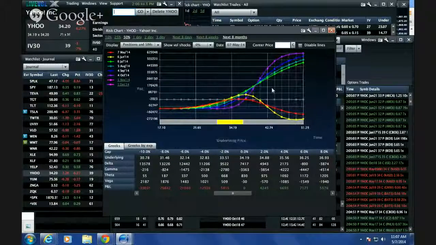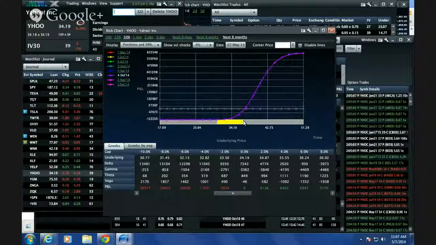If you look at it, what this person is thinking, it's a bullish bet for the long term. So if you look at this purple line, it's October. By the time October rolls around, he basically has a call spread, right? So if you look at just this purple line, that's what he has in the end.